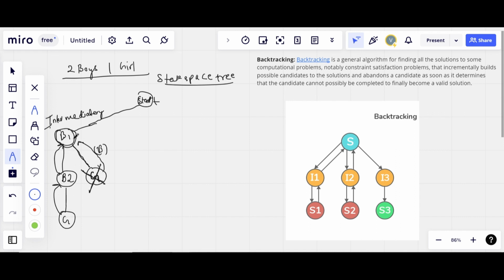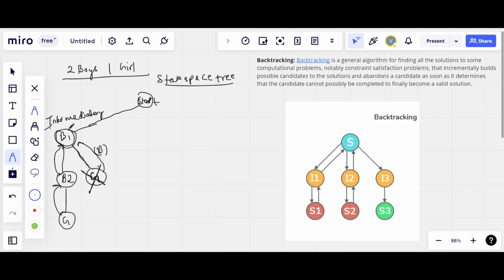So from a backtrack, whenever there is a non-feasible solution, we backtrack to a point where there is a way to choose another path that might lead to a feasible solution. And again, the choices at B1 are over, so we'll backtrack to start, and then at start we'll explore the other possible solutions. So we can say that the boy B2 can sit first.